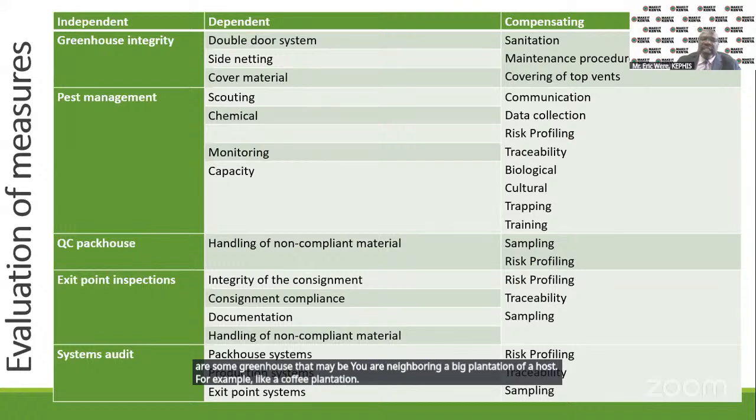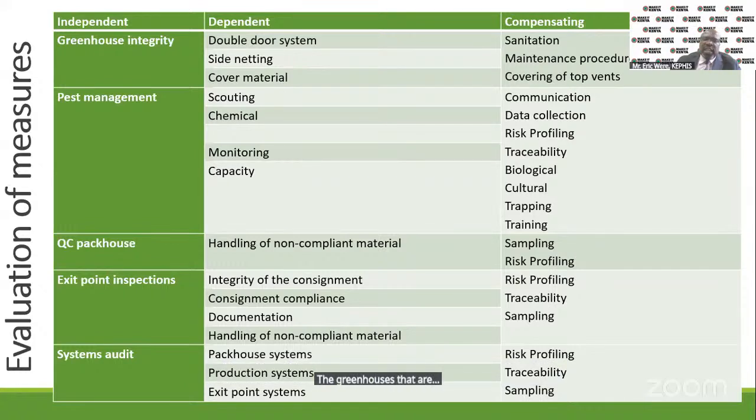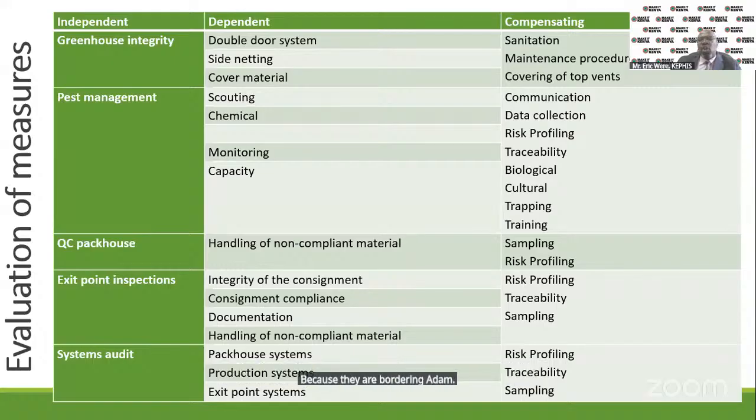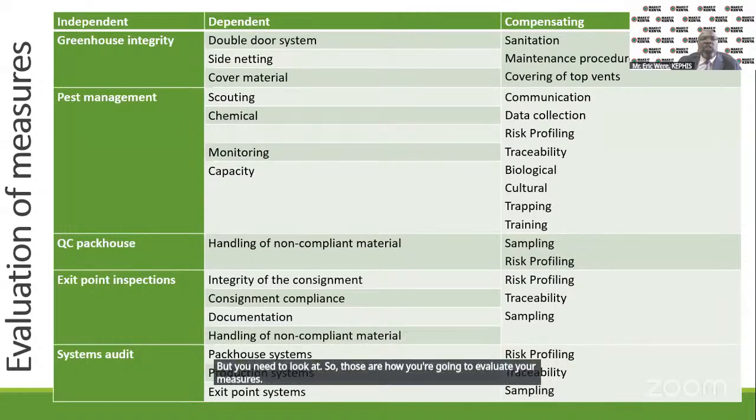You might say the greenhouses bordering that host are the high risk greenhouses for me because they border other hosts of FCM. Then, of course, we have the traceability and the sampling that you need to look at. So that is how you're going to evaluate your measures and look at the system approach as a whole.